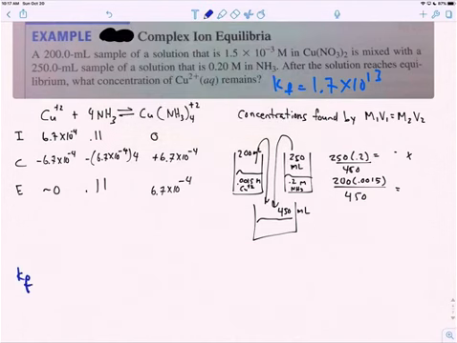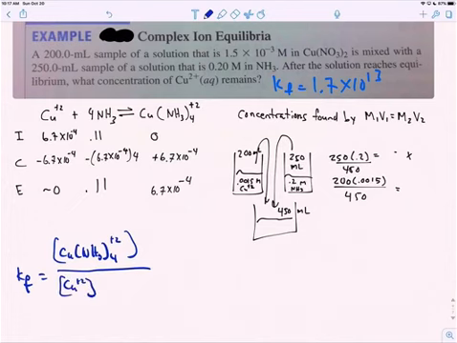So our Kf is going to be the copper ammonia 4 2+ complex, product over the reactants, copper 2+ and then ammonia to the 4th power. And so we're solving for copper, right? So solving for the copper ion, I can just write it out now.